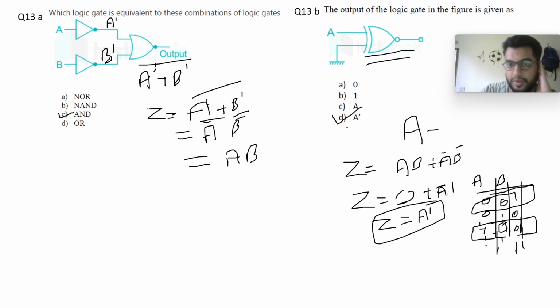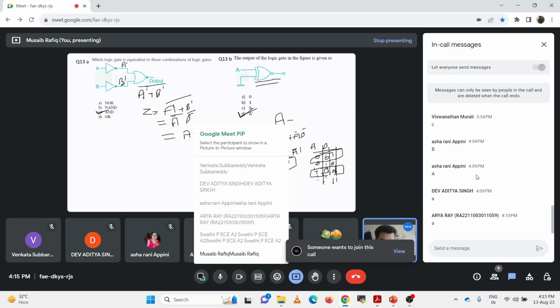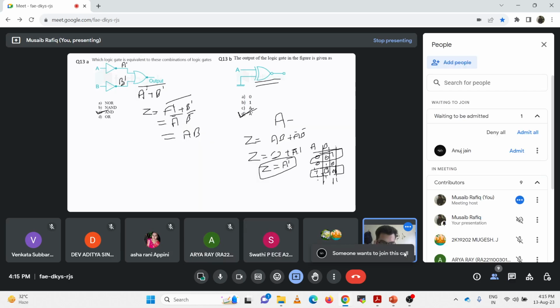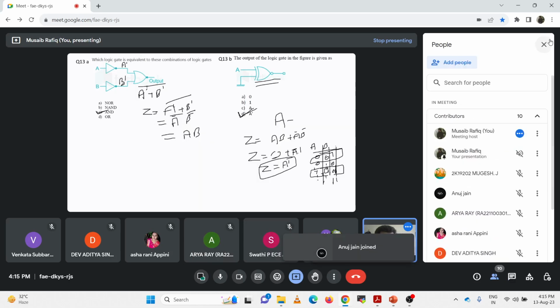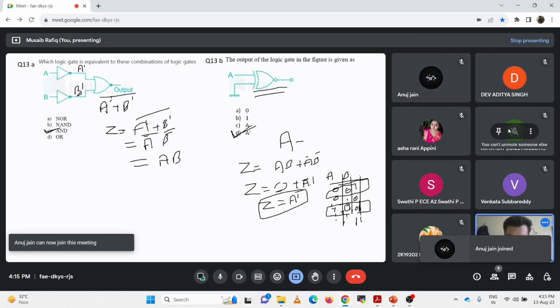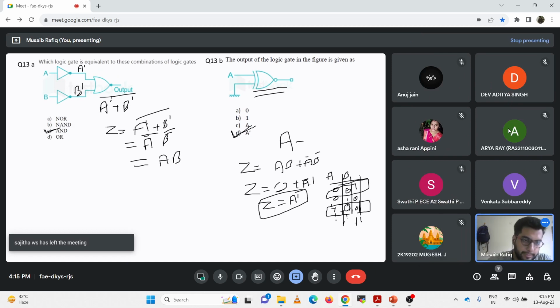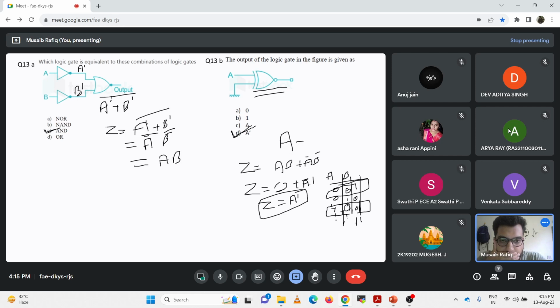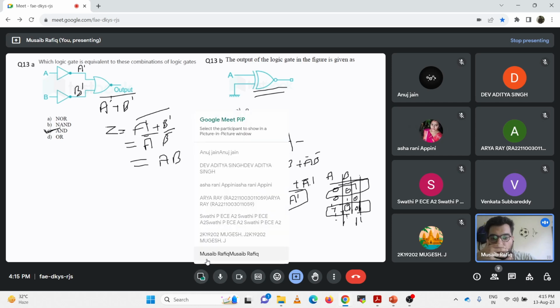So that is a NOT gate operation. So Z is equal to A dash, and the other was the AND gate. Any doubts in this question? If not, we can move forward to question number 14.